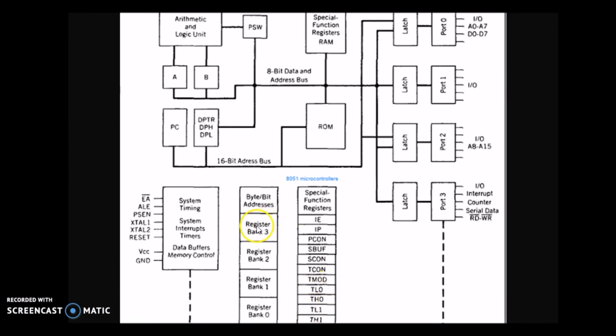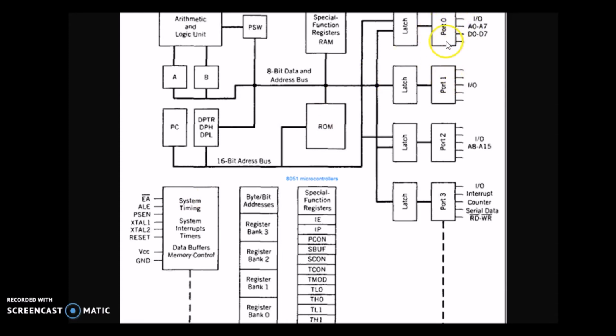Then we have register bank within your internal RAM. We have interrupt control and timing and control unit. So this unit is responsible for the interrupt controlling and for the synchronized operation within the 8051, and also the synchronized operation between 8051 and external peripheral devices.